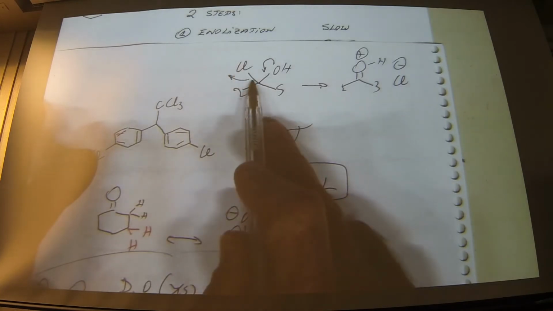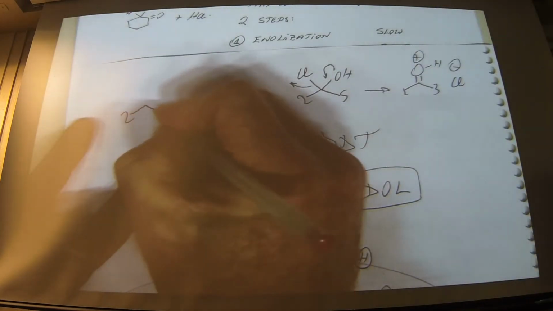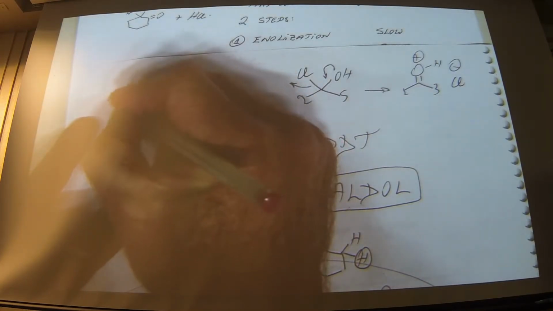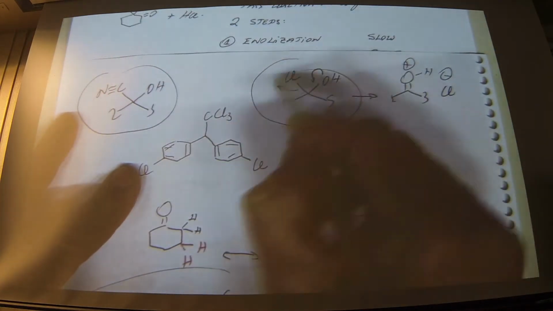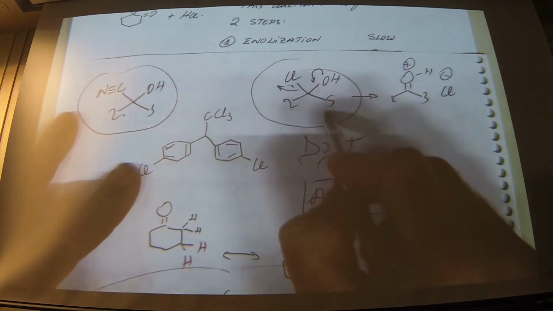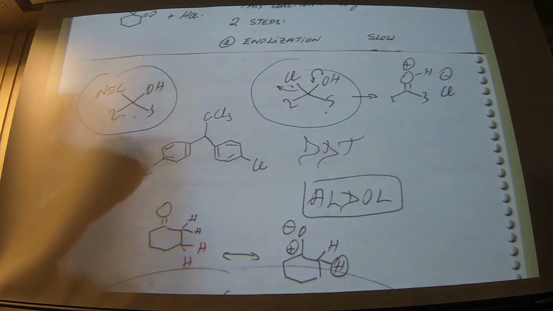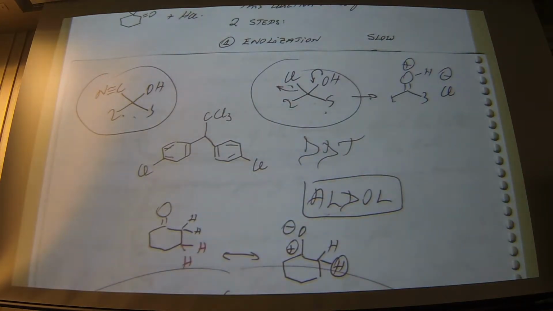So bromide, chloride, whatever. Now you say, but we've seen cyanohydrins, haven't we? These are stable. So what's the difference between this and that? Unstable, stable. Tell me. Yeah, chloride's a good leaving group. Cyanide is not. Chloride's a very weak base. Cyanide is a much stronger base.